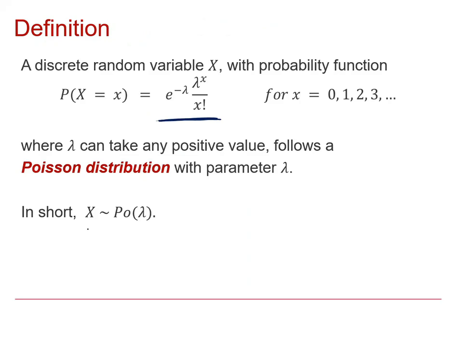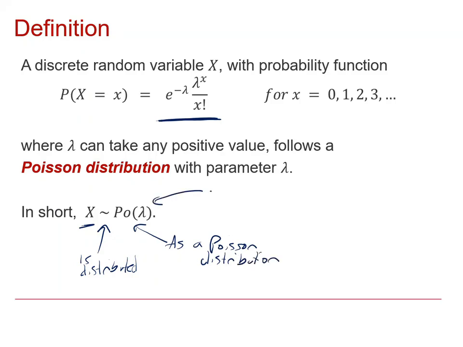In short, X is distributed as a Poisson distribution with parameter lambda.